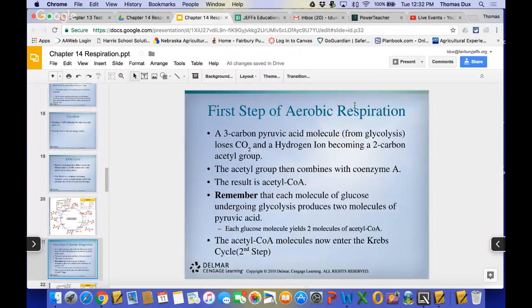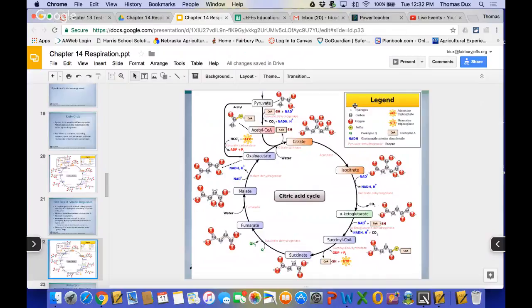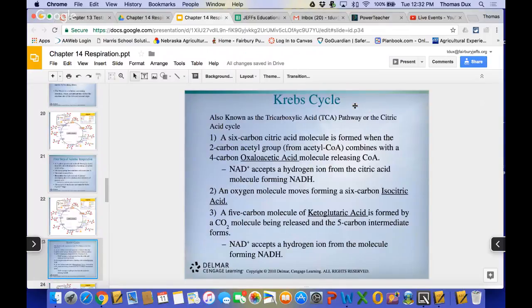So we have glycolysis, this little intermediate step to make acetyl-CoA, and now we're entering into the great Krebs cycle, or the citric acid cycle, or the tricarboxylic acid cycle. We'll just keep calling it the Krebs cycle.